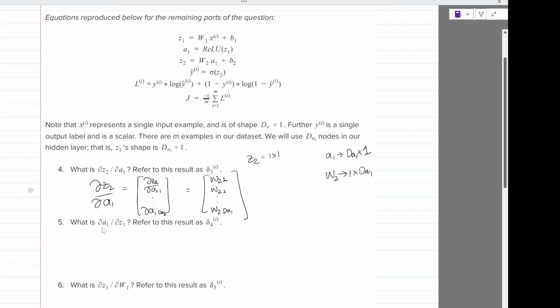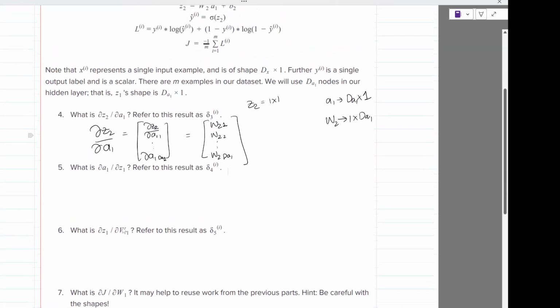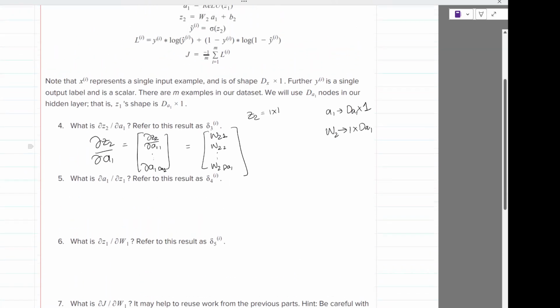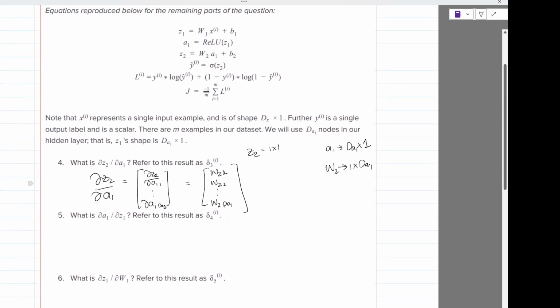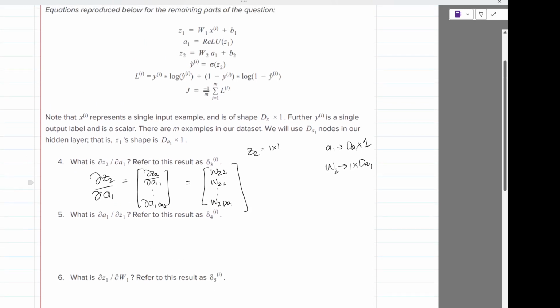What is del a1 by del z1? A1 is ReLU of z1. So ReLU function is what? It is equal to 0 if z is less than 0, and equal to z if z is greater than or equal to 0.